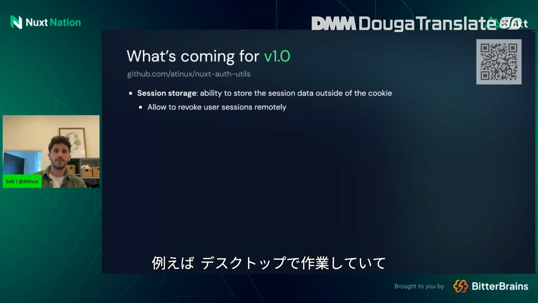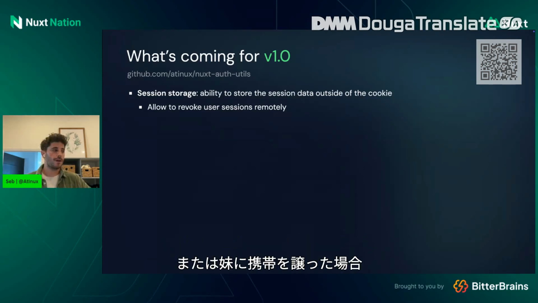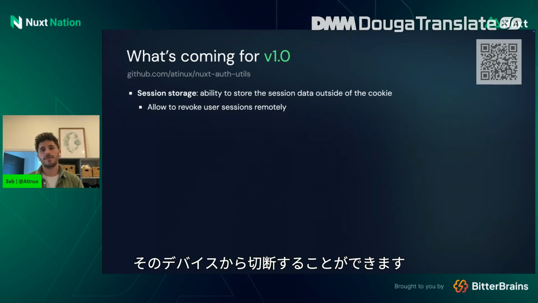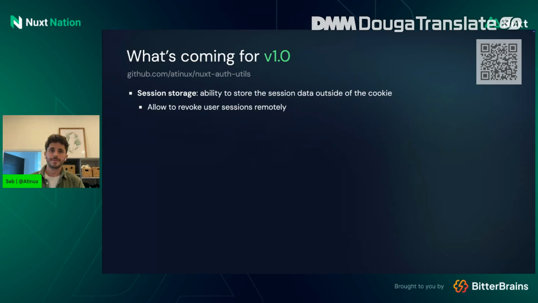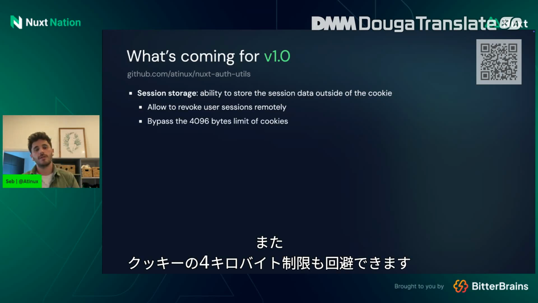Like I'm on my desktop and I see I'm also connected on my old phone that is not working anymore, or I just gave it to my sister. I can disconnect from that device. So we are working and profiling the API right now, and also bypassing the 4 kilobyte limit of cookies.